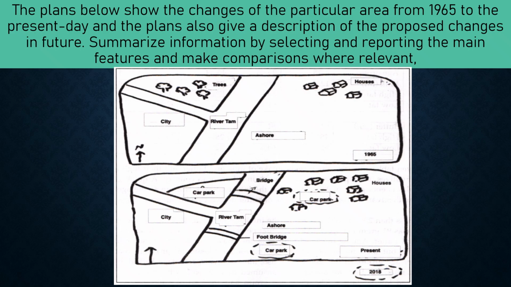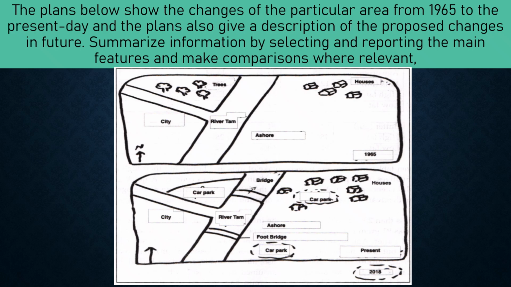Second paragraph, we will explain the first picture that was in 1965. So in 1965, there was River Thames flowing from north to south, with the branch flowing from the west to the east.